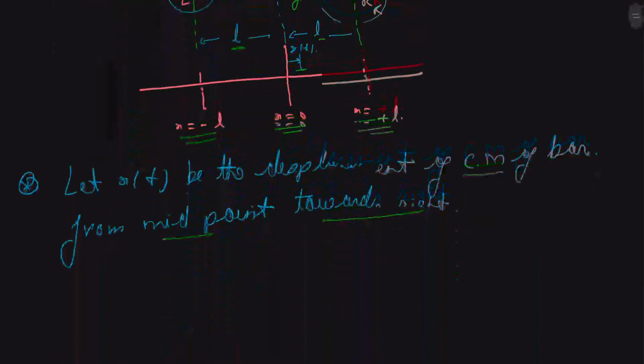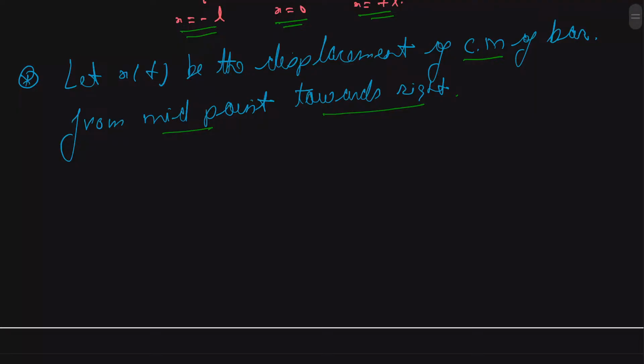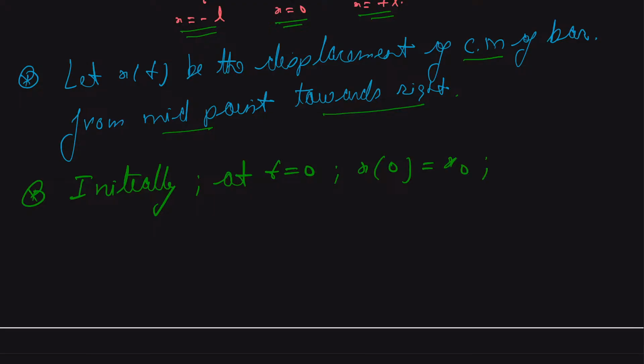So at time t equal to 0, we are given x at time t equal to 0, that is x of 0, is x naught, and its first derivative is 0.